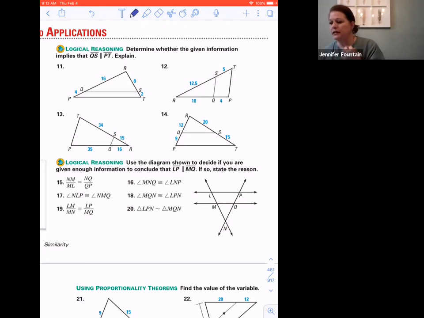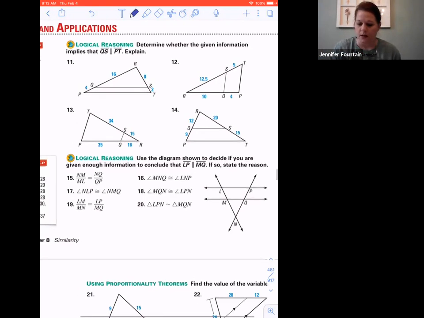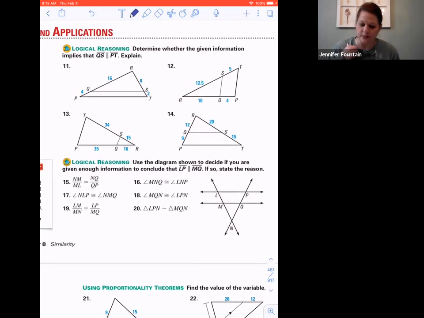All right, so our homework on this section is pages 502 to 505, numbers 11 through 27 odds, number 34, 35, and 39. So let's go ahead and take a look at what we're doing in each one. Numbers 11 through 14, we can see here it says determine whether the given information implies that QS is parallel to PT.